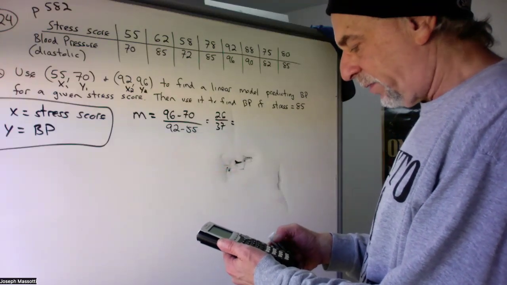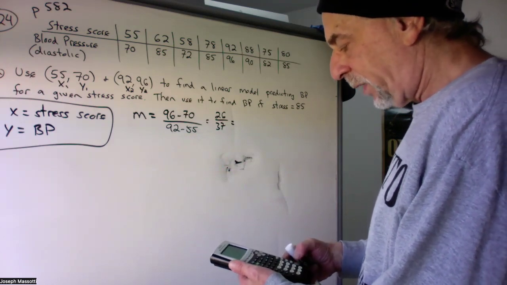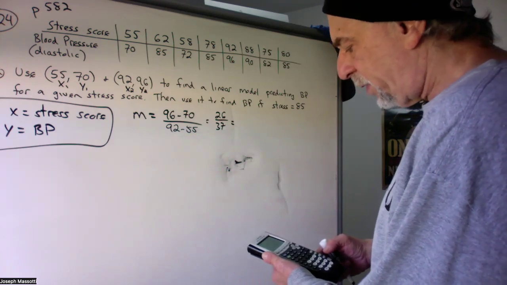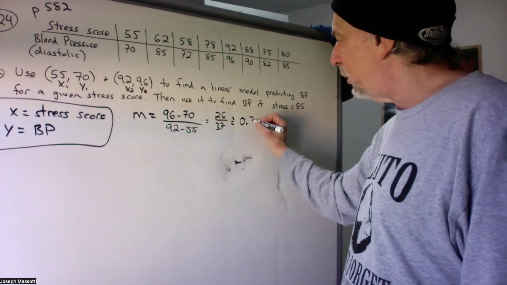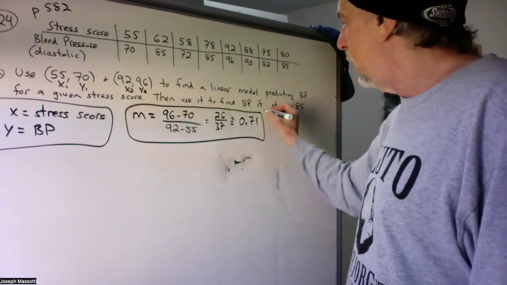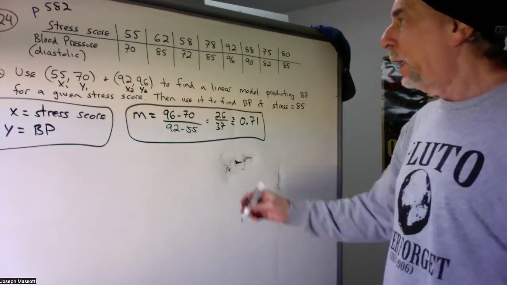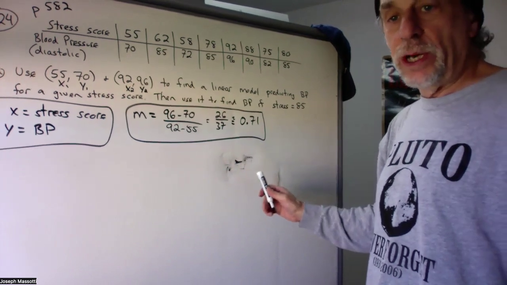So we'll get a decimal for that. 26 divided by 37 gives us a decimal. Let's round it to 0.71. So we'll say approximately 0.71. So that's our slope. Okay. Now, then we can use either one of these 2 points and the slope to find the equation of the line.